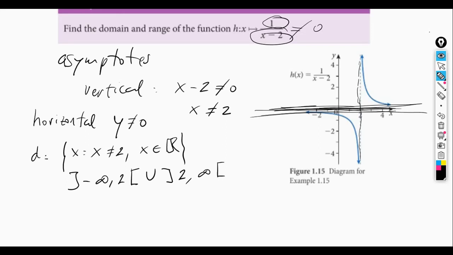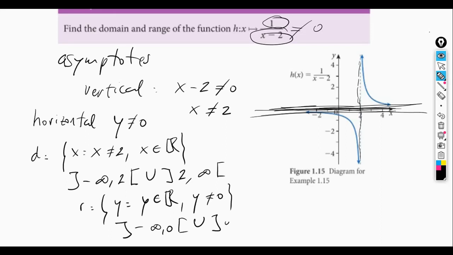And the range for y would be pretty similar. We would say y is such, and we'll do it backwards this time, y is real, but y cannot equal 0. And then in this other notation, we would say from negative infinity to 0, union 0 to infinity, also not including the 0 in either one of these intervals.